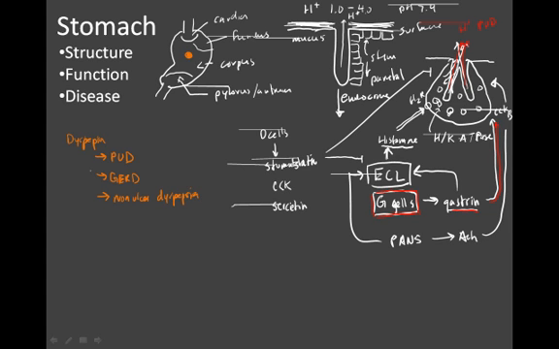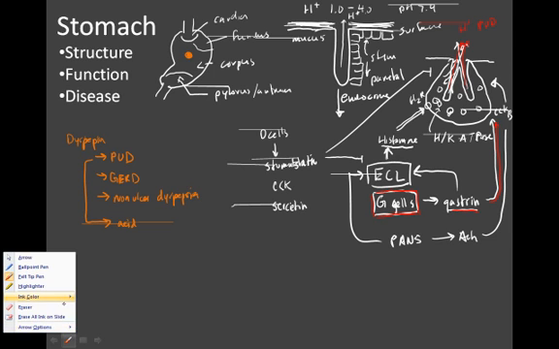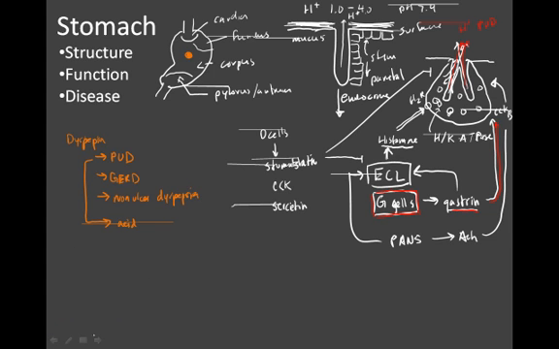Although one would expect that peptic ulcer disease can be caused by acid, the body actually does a very good job in regulating the amount of acid that it can handle, and this is usually not the main cause of peptic ulcer disease. In fact, the two main causes of peptic ulcer disease, which account for 95% of all peptic ulcer disease, are first a bacteria called Helicobacter pylori.